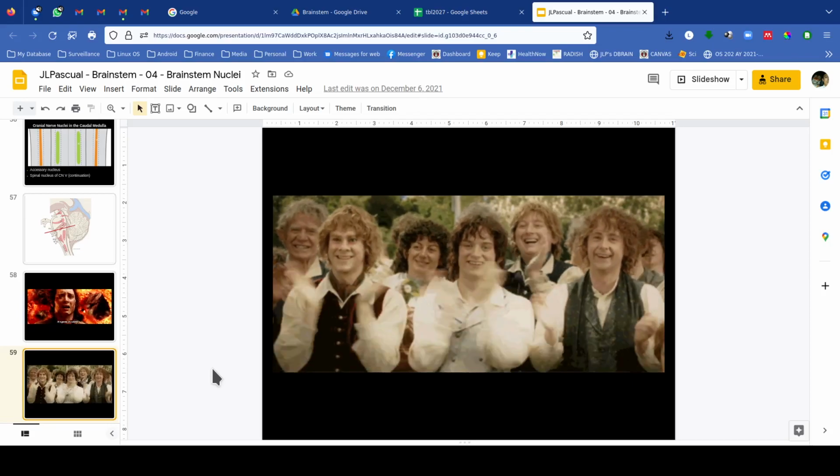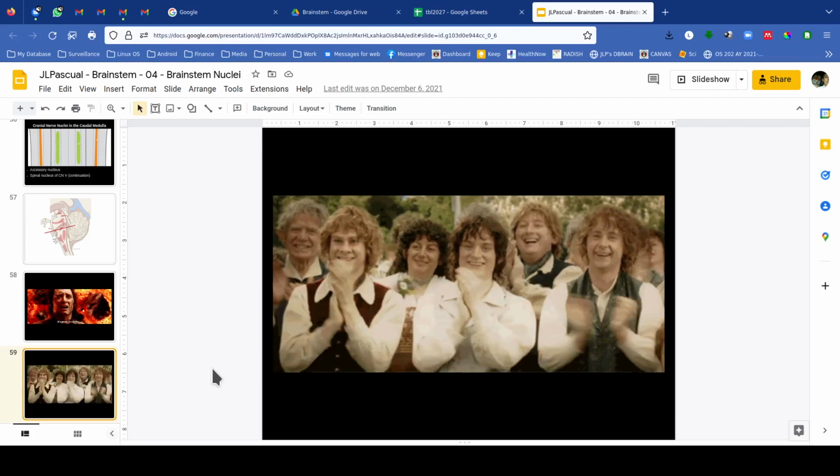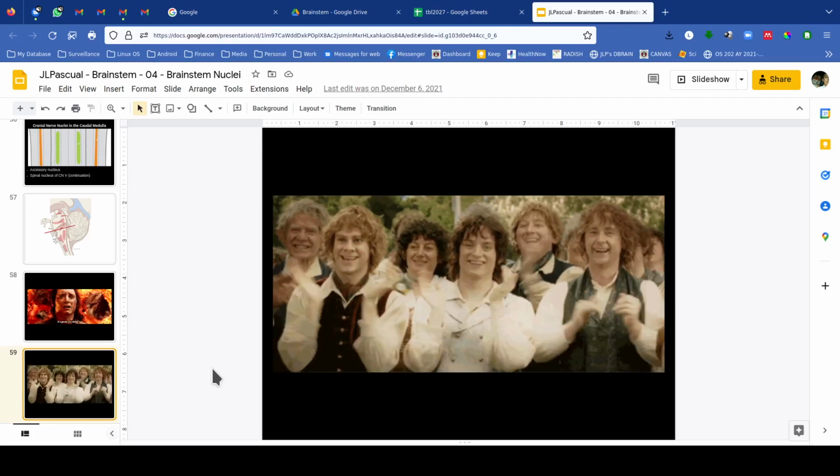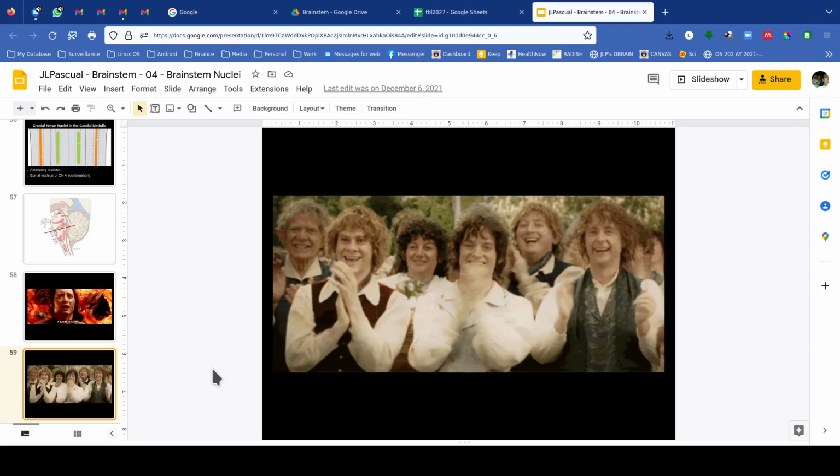Now, because of that setup, one half of your brain sees half of your personal body space. Now, if you had to contend with your left personal body space, which hand would you use? The left or the right?